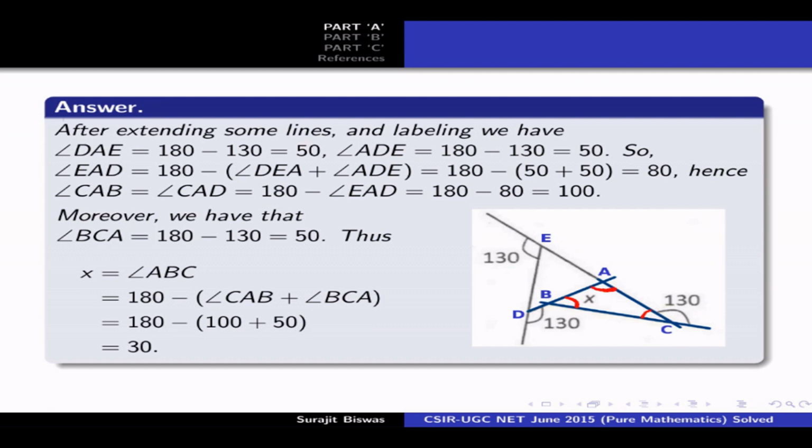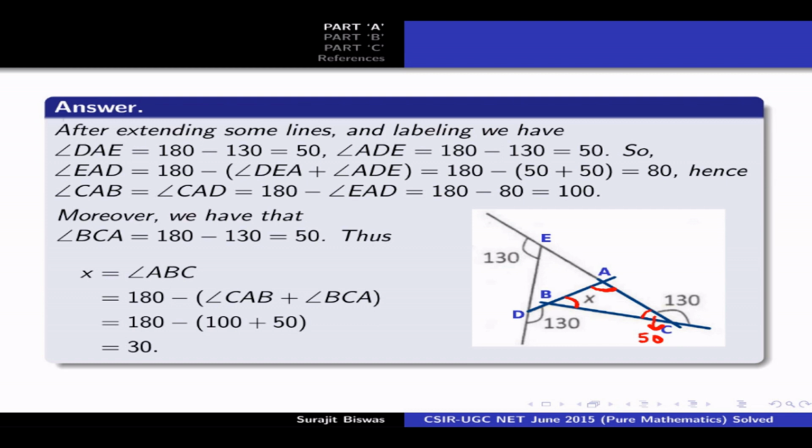What is this angle? This angle is 180 minus 130, that is 50. So angle ACB is 50.